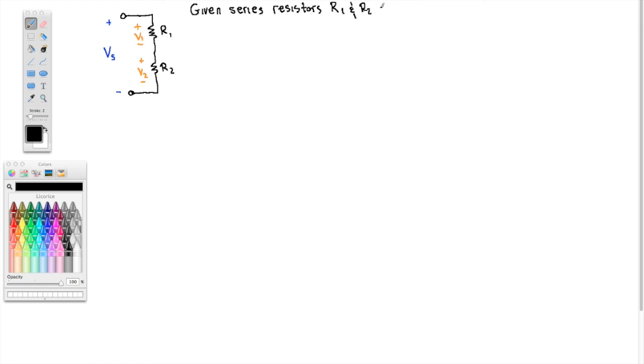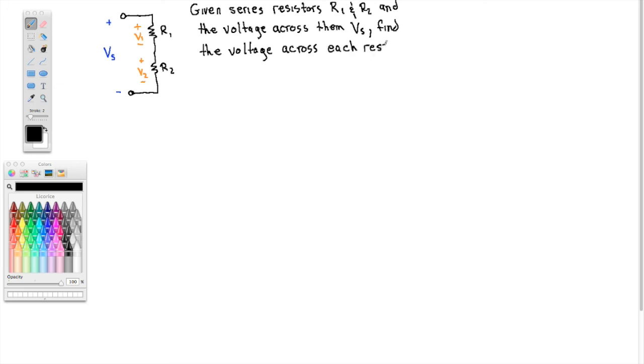Given series resistors R1, R2, and the voltage across them, Vs, the problem is to find the voltage across each one. Okay, that's the problem.